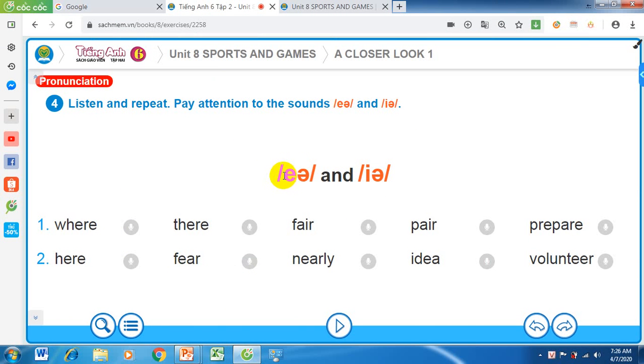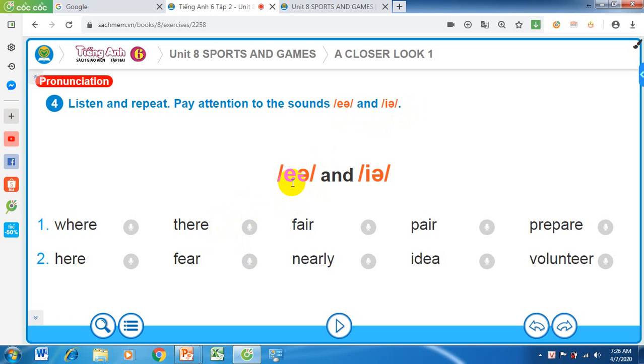They are diphthongs. The first sound is air, right? Air. Okay, you can listen and repeat air. And the second sound is ear, right? Ear. And we move faster, ear. Slower, ear. And faster, ear. And air. Faster, air. Right.